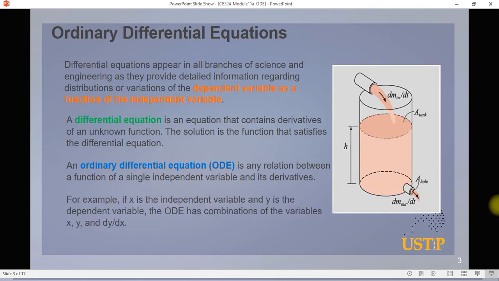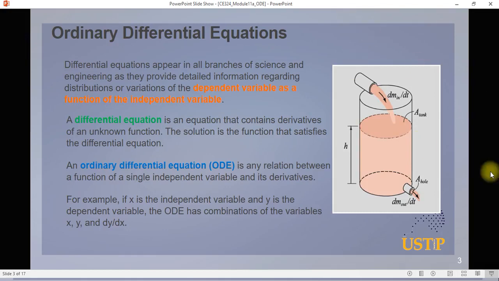Okay? So, for example, if x is the independent variable and y is the dependent variable, the ODE has combinations of the variables x, y, and dy over dx, or d squared y over dx squared, no? Depende na siya kung pila ka beses nimo siya gi-derive sa imong equations or differential equation.